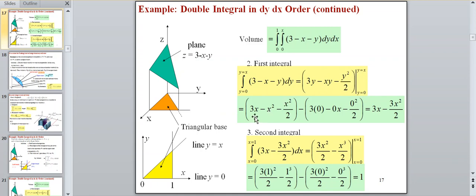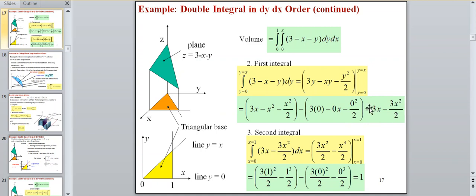When y equals x, we have 3x minus x times x, minus x squared divided by 2. When y is 0, this term completely becomes 0. So only 3x minus 3x squared divided by 2 is left.